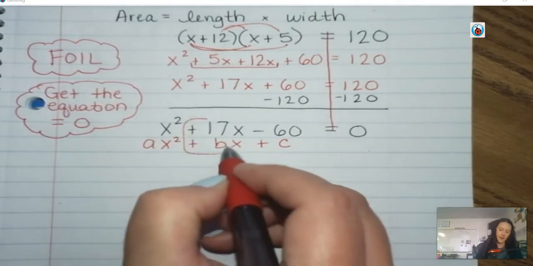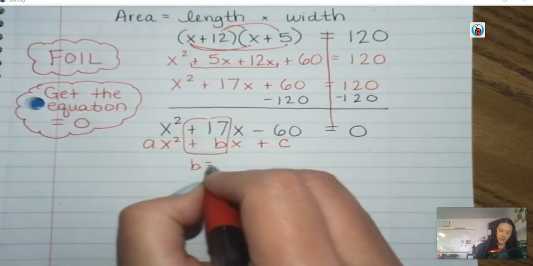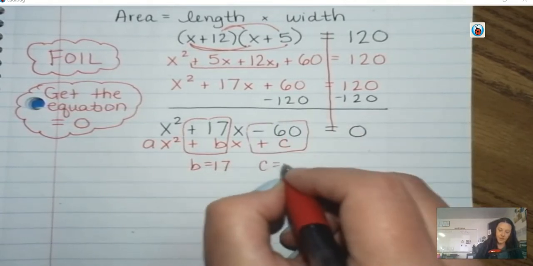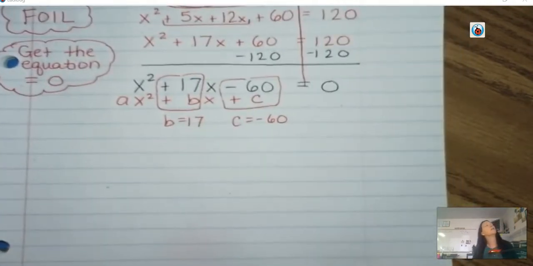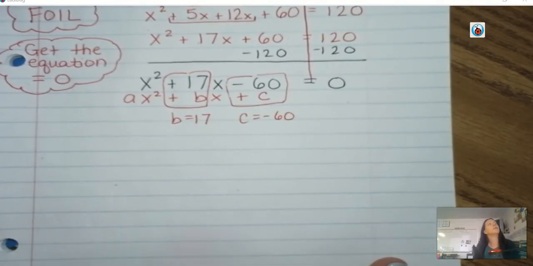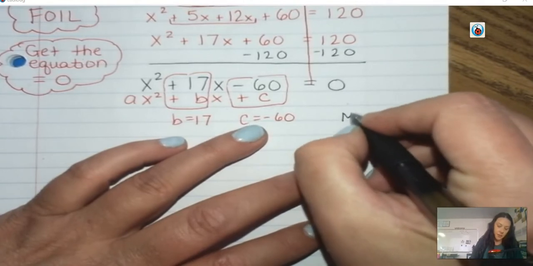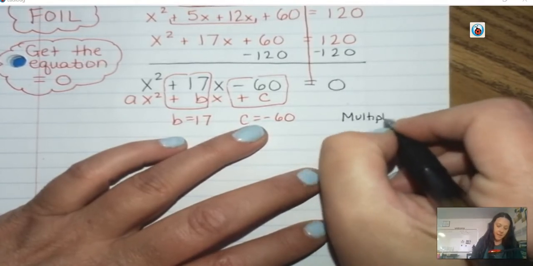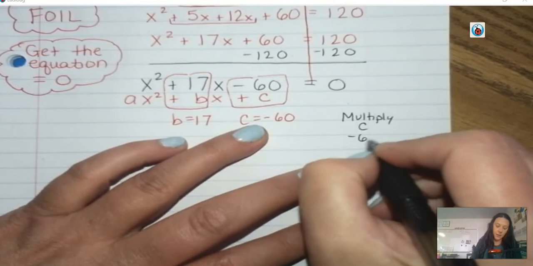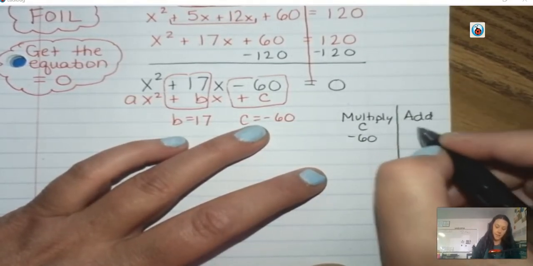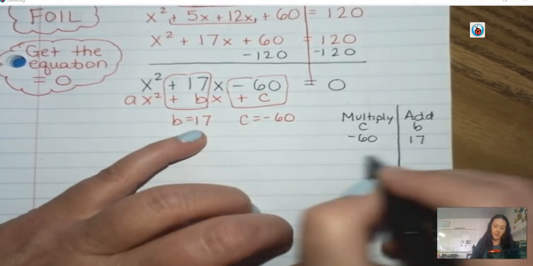So now I can find the b value. B is 17. And the c value is negative 60. So now we need to think of two numbers that multiply to be the c, negative 60, but they add to be the b value, which is positive 17.